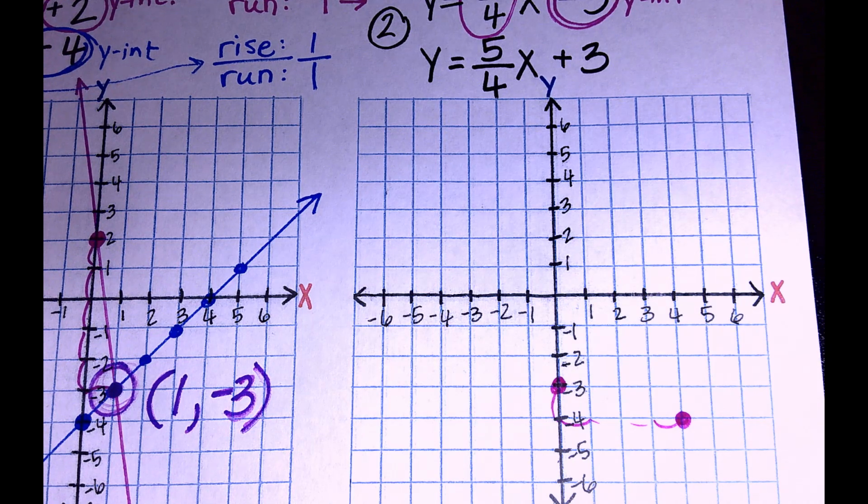I want one of these worksheets, and then there's graph paper on the shelf. Okay, now I just need to connect those dots. So I'm going to take my ruler and do that.